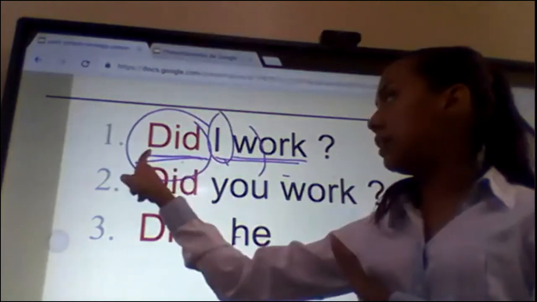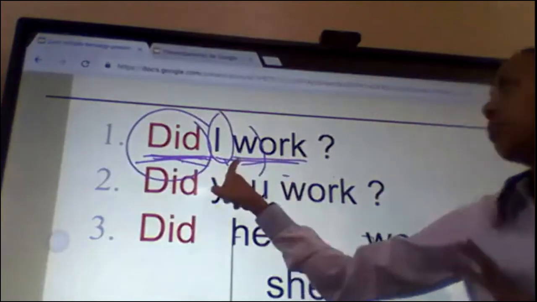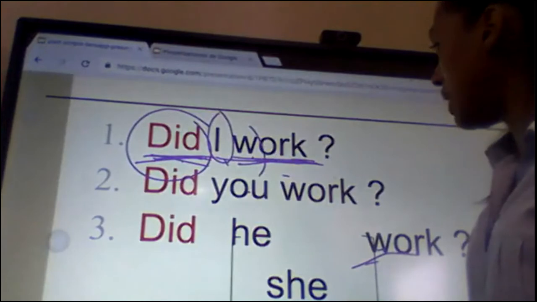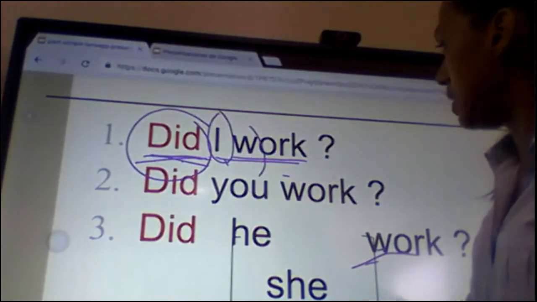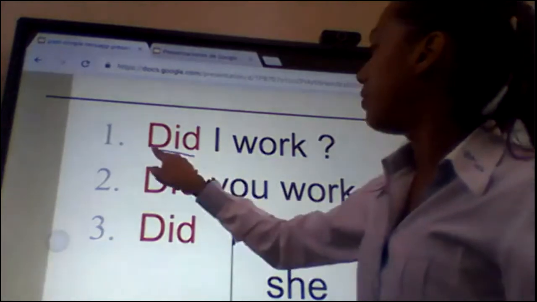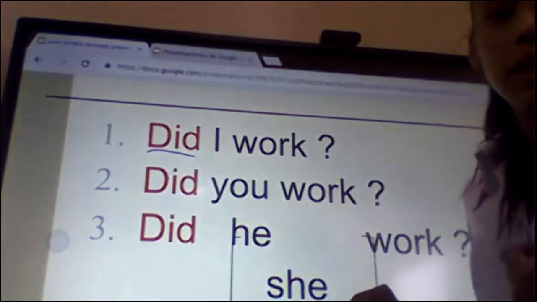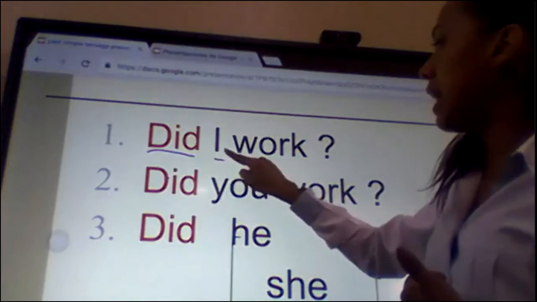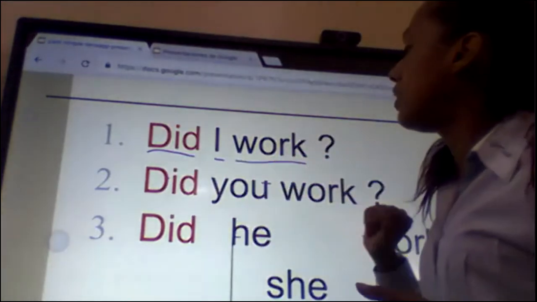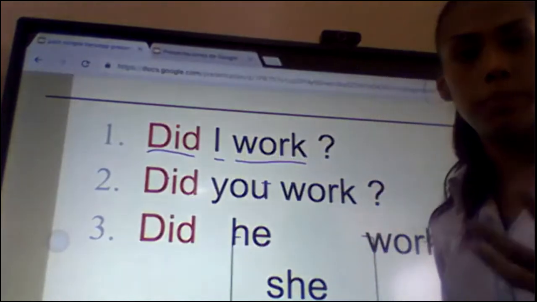Si ya tengo did en past, ya no tengo que poner my verb in past because it's totally understood what I just did. So I have did as my auxiliary at the beginning of the question. Then I have subject, I, you, he, she, it, any. And finally, the action or the verb.